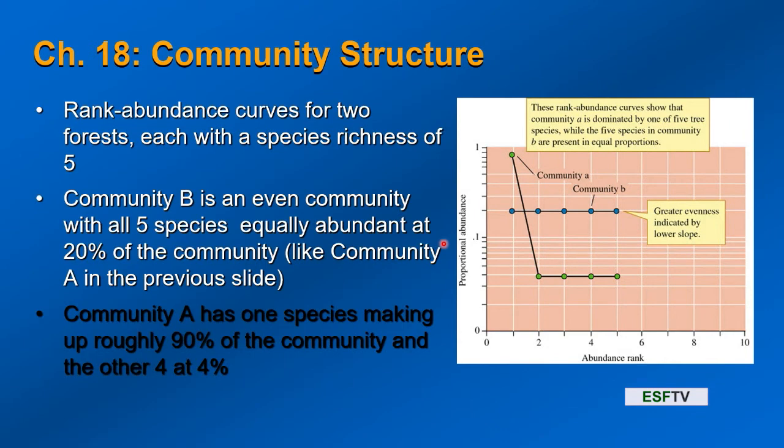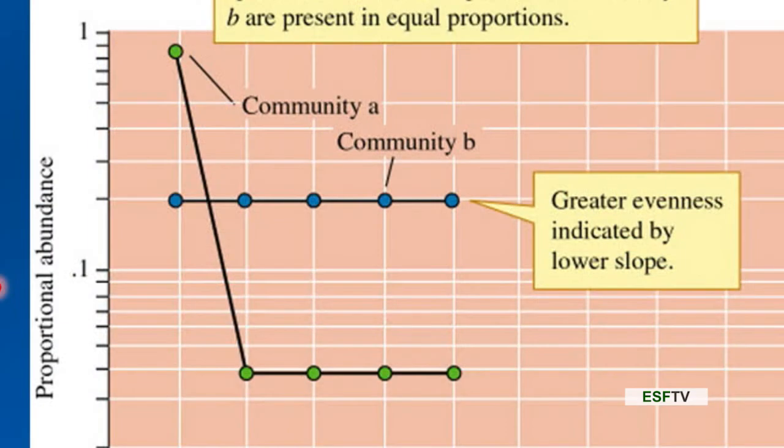These rank abundance curves for two different communities, what is really nice is it allows you to compare them, and you could say this one's quite even. That would be community B. Pretty diverse. Community A, not so much. Looks like we have had a fire and all the fire-adapted species, which was one, germinated, and now it's almost a monotypic stand.